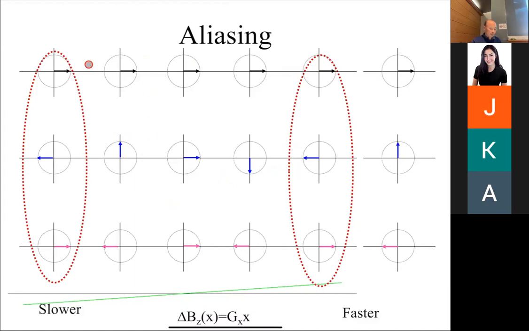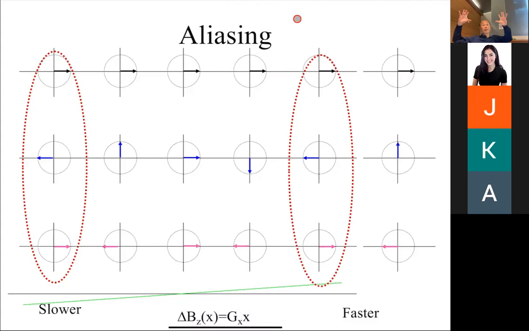But let's say I have a spin here and a spin here. What can you tell me is going on with these two spins? Do you see anything noteworthy? Yeah, they're doing the same thing, right? Remember in MRI, we don't get to see what each spin is doing.